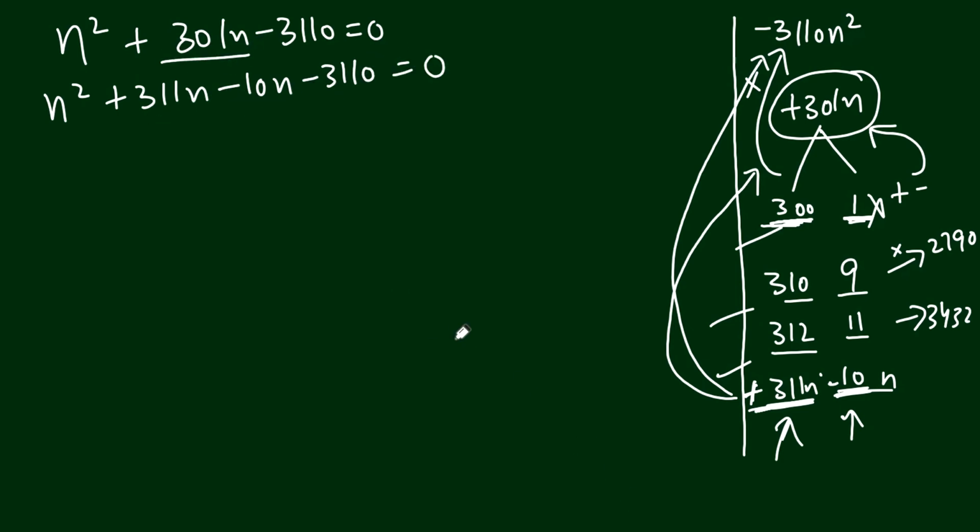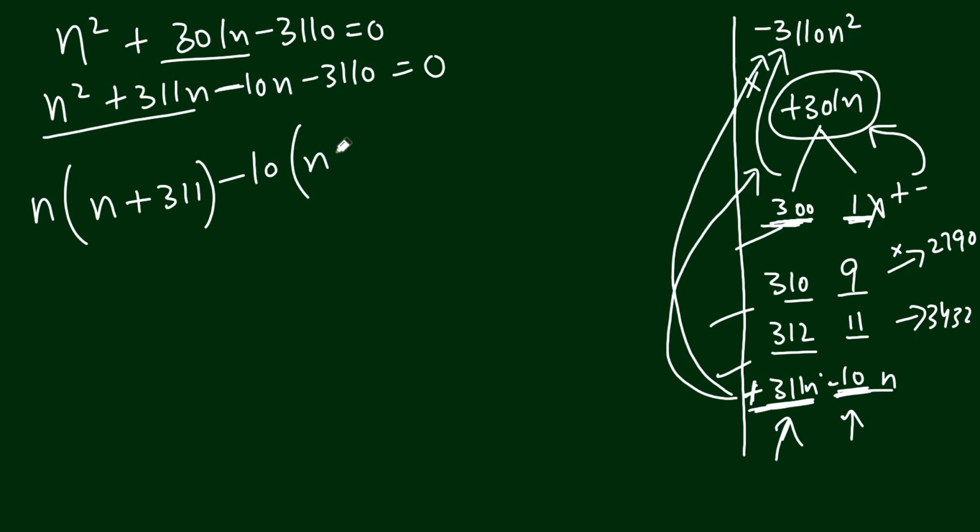Rest is the same. And what we do, check common in the first row. Common is n, remaining is n plus 311 here. And here minus sign is there. What is common between 10n and 3110? 10 is common. So what is remaining here? n is remaining, and 311. Is it plus 311 or minus 311? Many of you may know that it has to be plus.